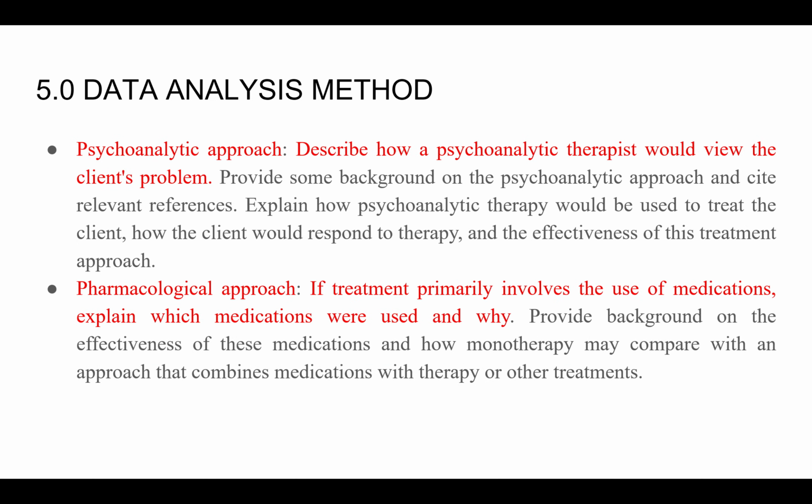And we have the psychoanalytic approach, which is to describe how a psychoanalytic therapist would view the client's problem. And the last one is the pharmacological approach. If treatment primarily involves the use of medications, explain which medications were used and why.